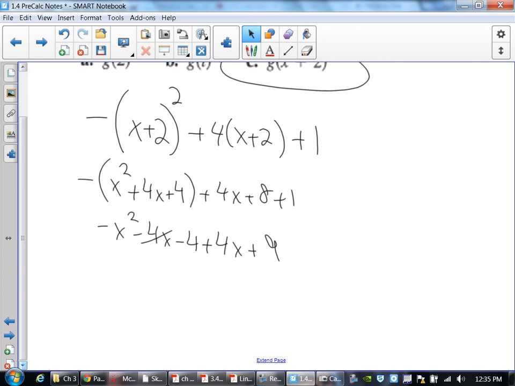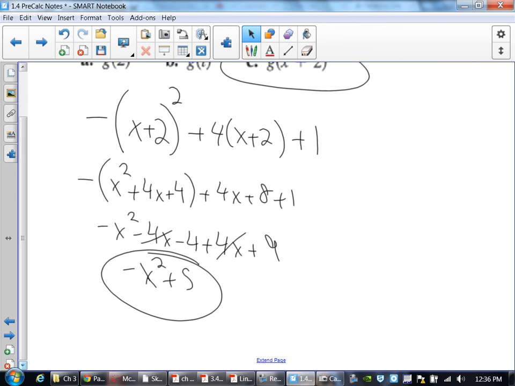The 4x's drop. You wind up with negative x squared plus 5. What do you do with that? Nothing. All you're doing is simplifying it out. You don't have to take out the negative. There's nothing left there for you to do. Tomorrow, when we do something else, there will be something else to do. But this is the basic idea of when you have to square junk. Remember, it's junk times junk, guys. That's all I'm trying to get at.